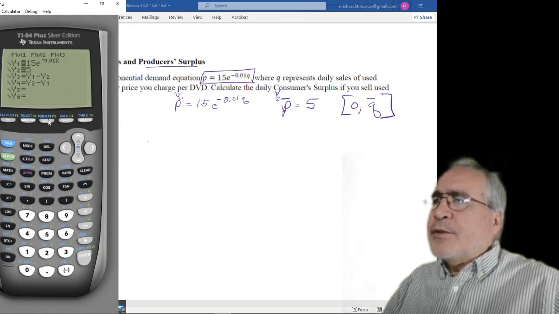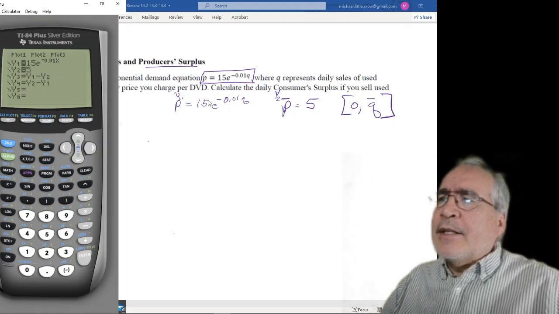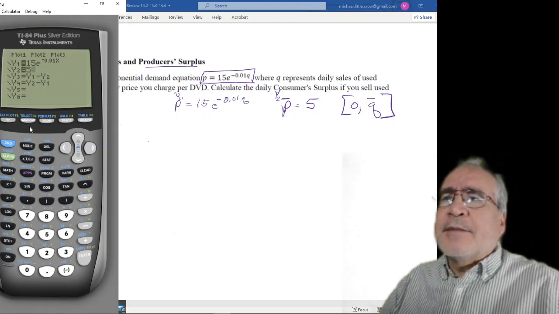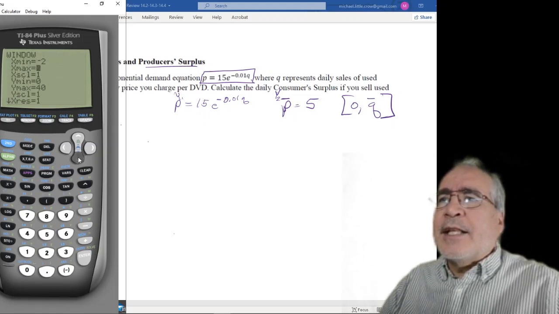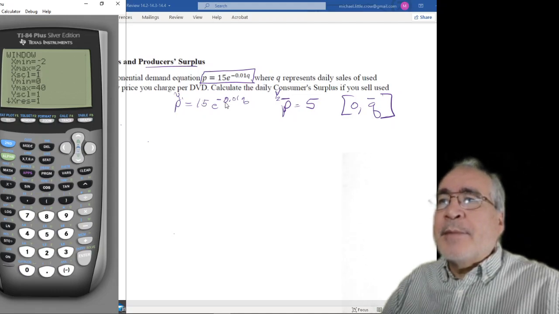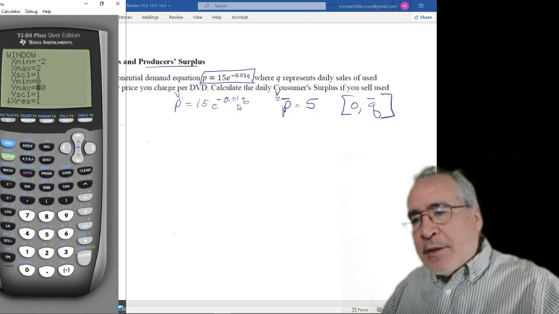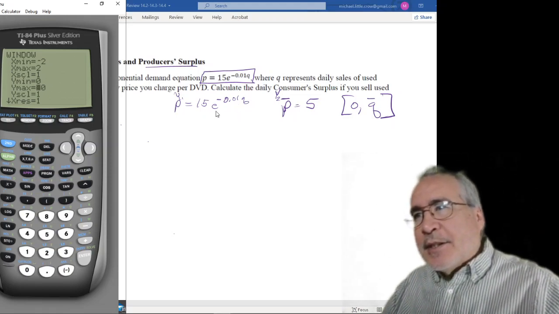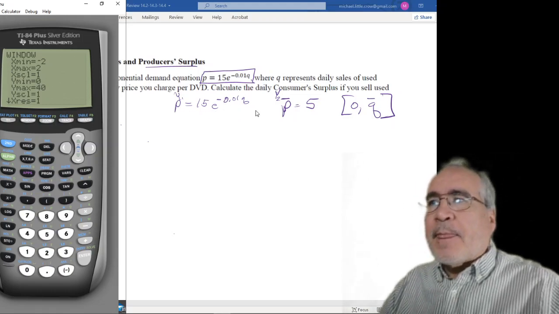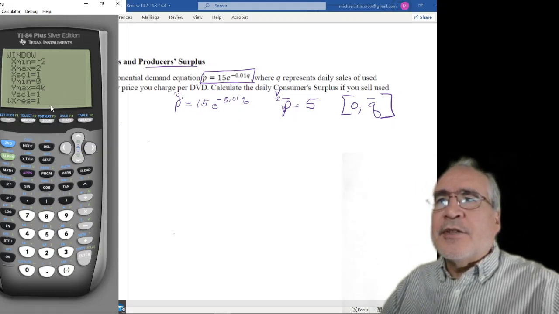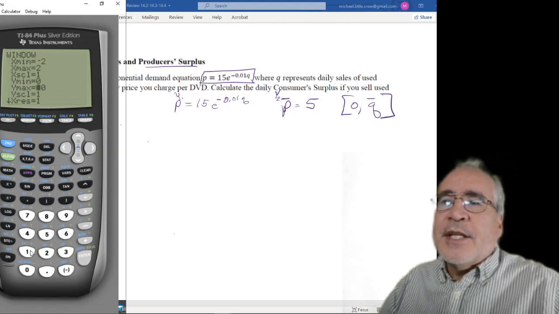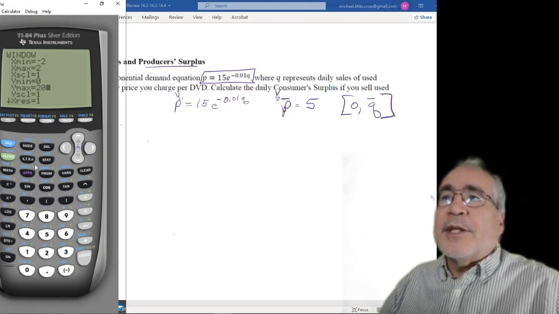I'm going to go to the window now, starting at 15, I think that's going to give us a Y value of around 15, and then it's going to be coming down, right? Price will come down, because it should usually start higher and then come down. Well, we'll just see. We'll go with 20 instead of 40.